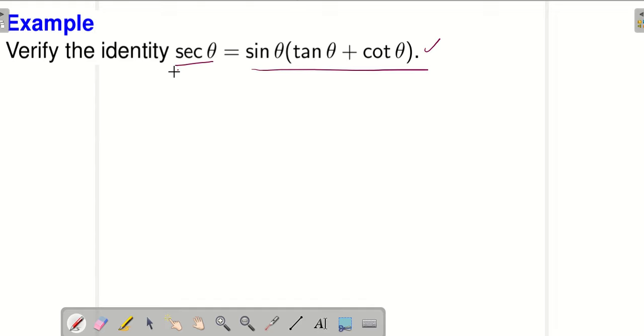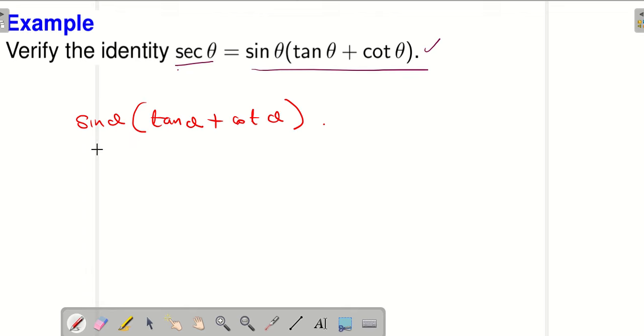Anytime you have an identity, look at the more complex part, you can simplify that part to get the very simple part. So I'll start this time with sine theta into brackets tan theta plus cot theta.